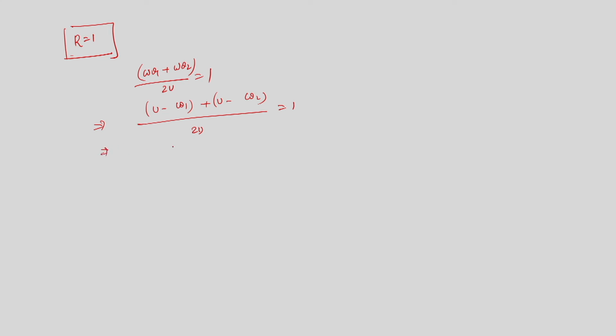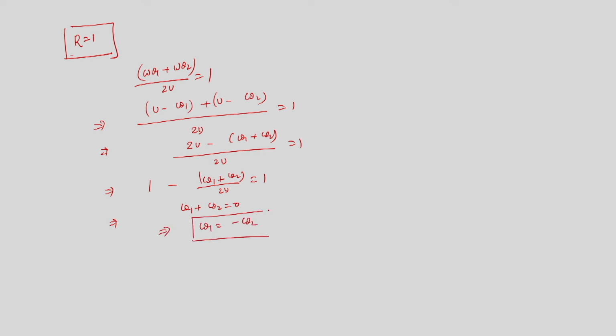Therefore, we obtain twice u minus (C theta 1 plus C theta 2) divided by twice u is equal to 1. Therefore, C theta 1 plus C theta 2 is equal to 0. So, we obtain C theta 1 is equal to minus C theta 2. This is our conclusion.